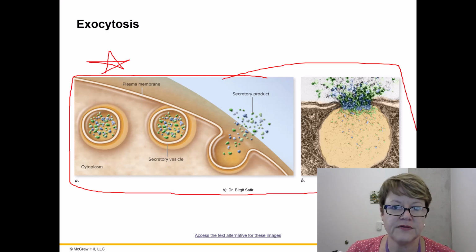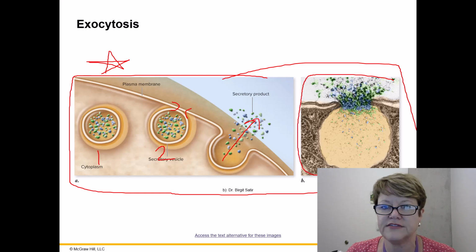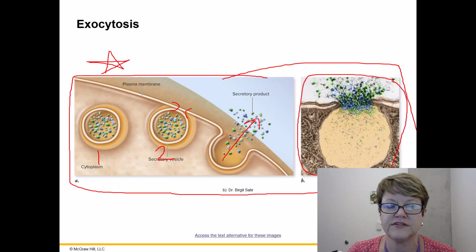Just a concept, the vesicle coming from, in my example for protein secretion, coming from the Golgi, and then touches the membrane, and then the membranes fuse, and that creates an opening, and the contents of the vesicle are dumped out. And this is an actual micrograph, and they colorized it to match the artist picture with this blue and green coloring for whatever it is that's being released.